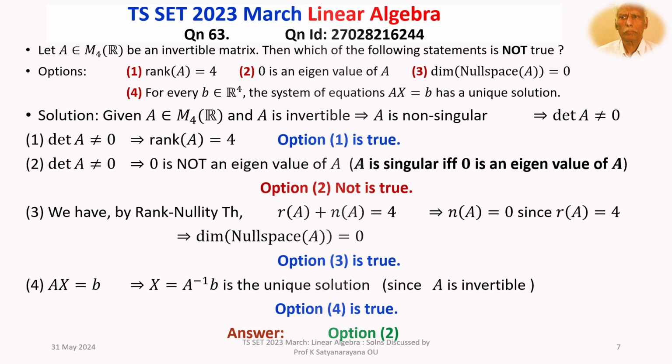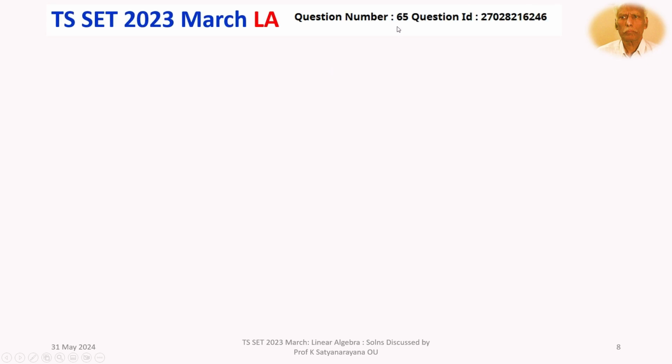Now let's move to the last question, the third question, question number 65 with this question ID. It is from the TS Set 2023 March examination and from linear algebra.